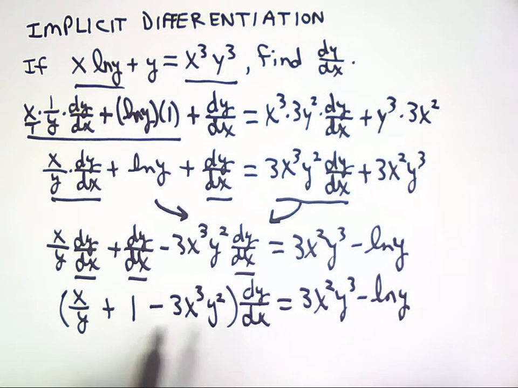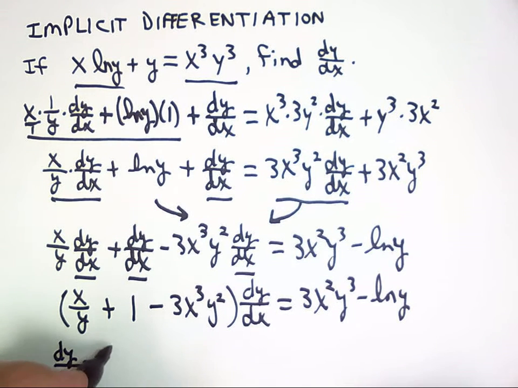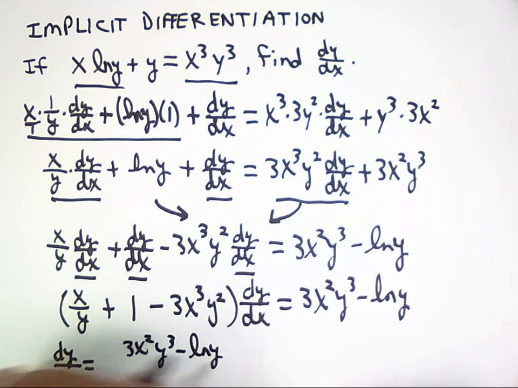Now it's a matter of dividing both sides by this factor here, and you end up with dy over dx equals 3x squared y cubed minus natural log of y all over x over y plus 1 minus 3x cubed y squared.